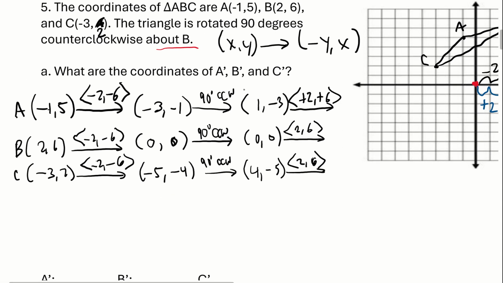So here we go. We got 1 plus 2 is 3. Negative 3 plus 6 is 3. And we got 0 plus 2, 0 plus 6, so this point goes back to (2, 6). And then 4 plus 2 is 6. Negative 5 plus 6 is 1.